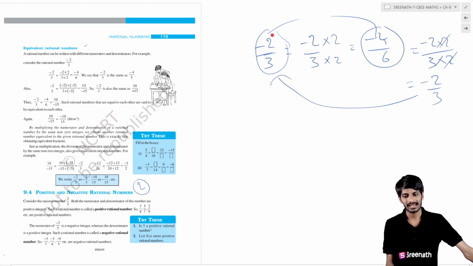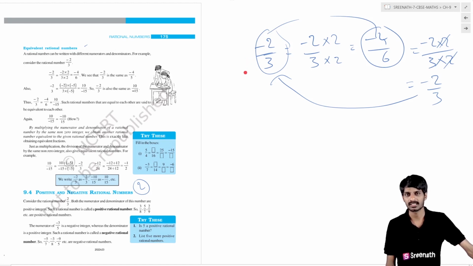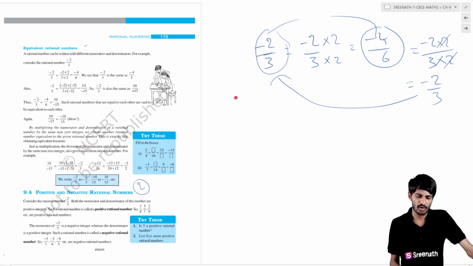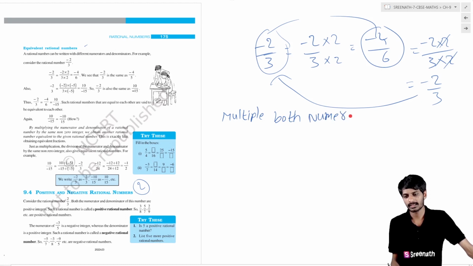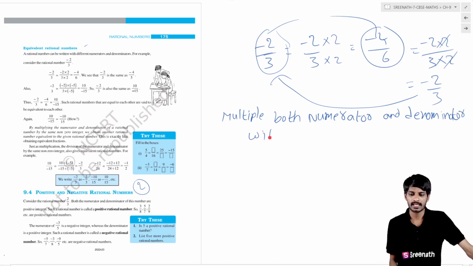So basically one rational number can be written in different forms with different numerators and denominators. How can one rational number be written in other forms? You have to multiply both numerator and denominator with the same non-zero integer.